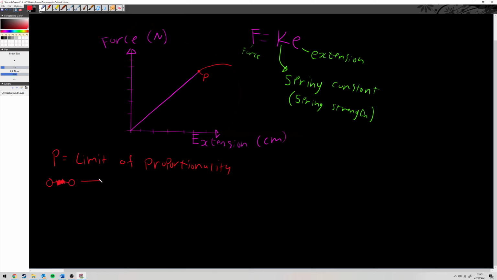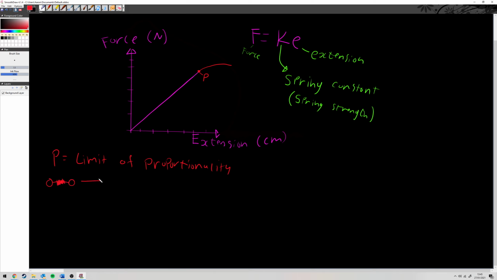You notice that the spring has changed in length, or the spring has deformed. Oh, that's a very thick line. Let's change that back. So this is now deformed or changed size. Your spring is essentially broken.